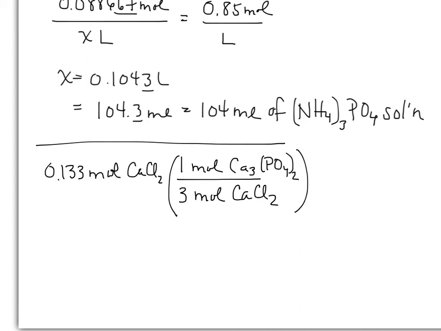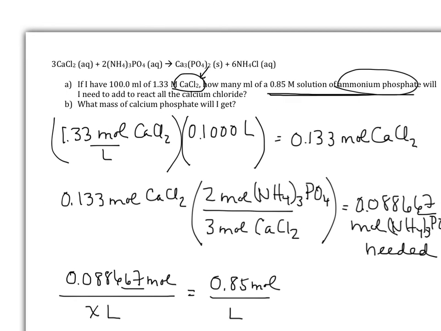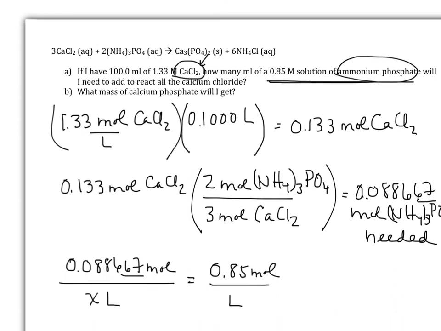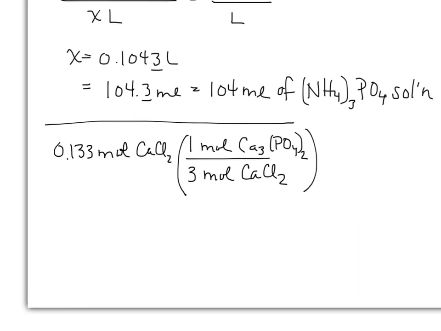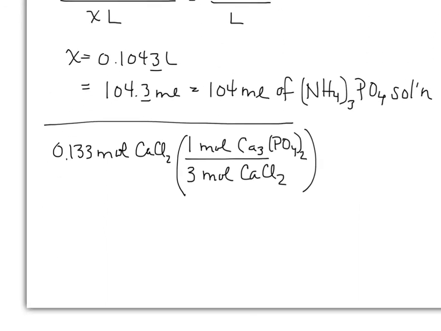So I think I might have just said that wrong. This is the moles of product that we're going to get. Every time we make 1 mole of that, it means we've used up 3 moles of calcium chloride. And where I'm getting that is from this 1:3 ratio. Okay, so what we end up with, oh, nope, I did this in all one step.